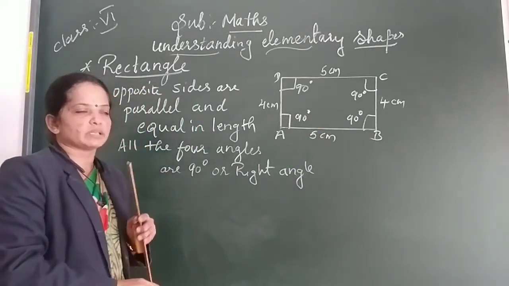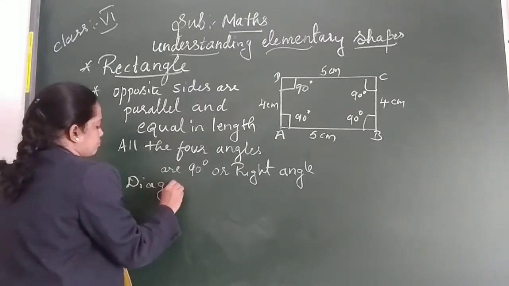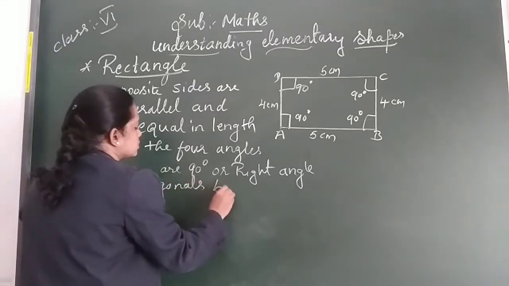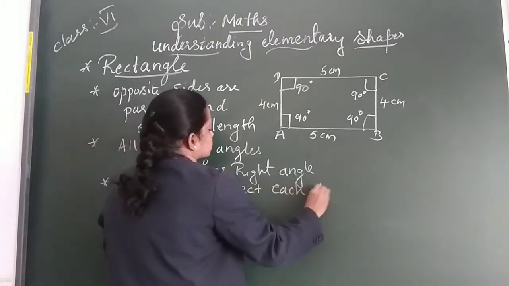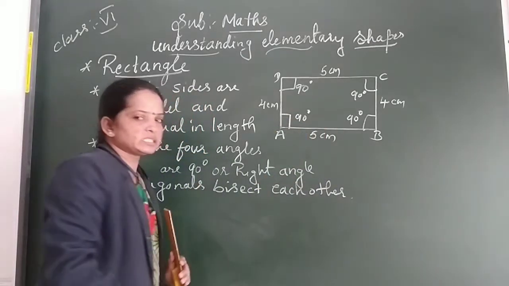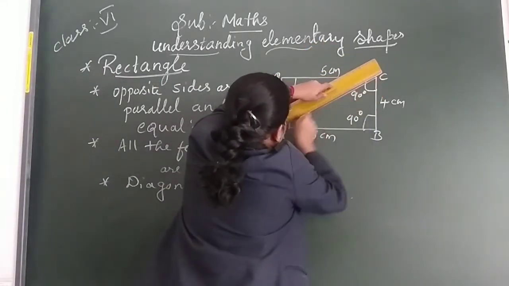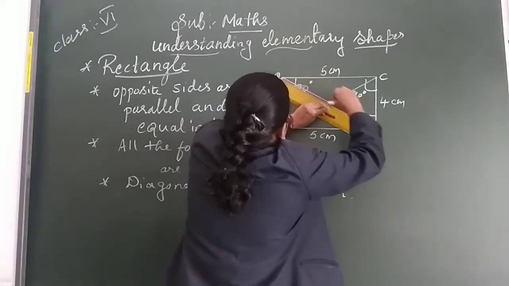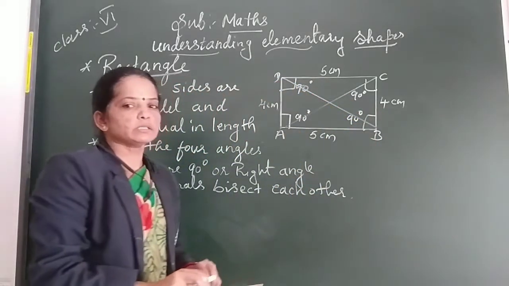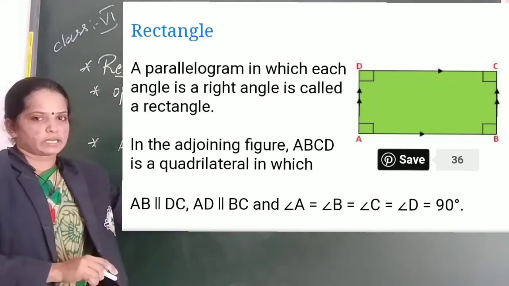Also the diagonals bisect each other. If you draw the diagonals AC and BD, these two diagonals bisect each other. These are the properties of rectangle.